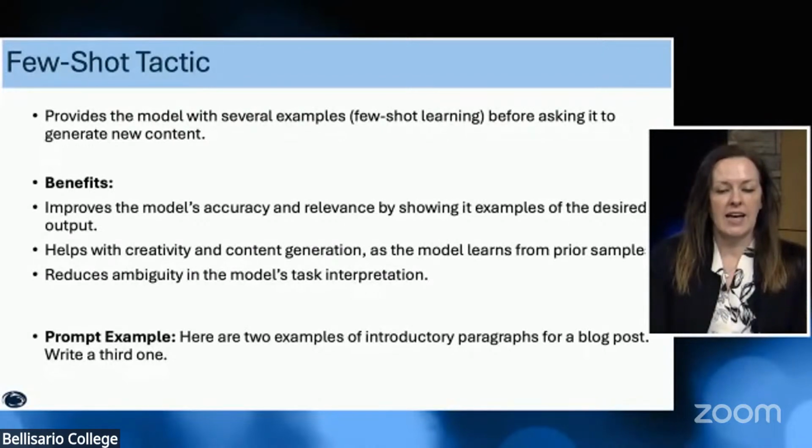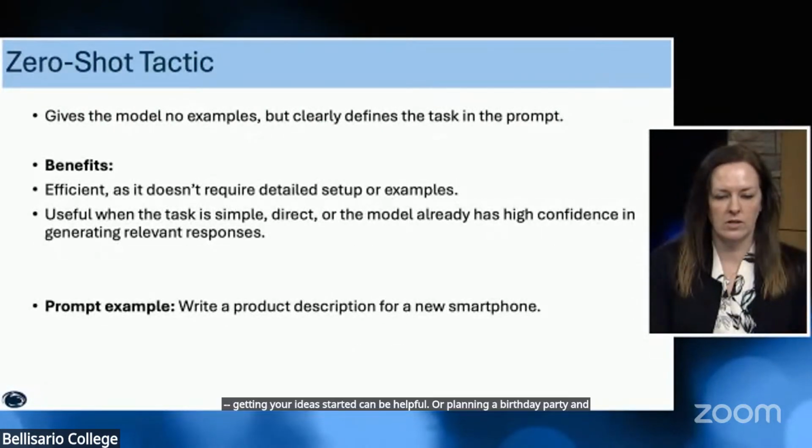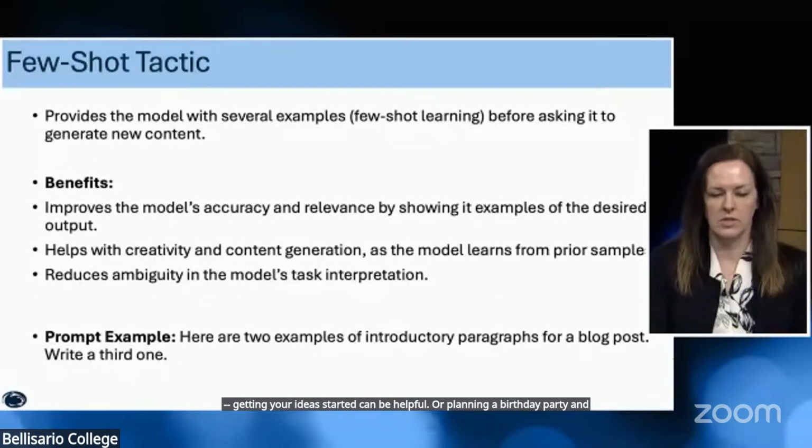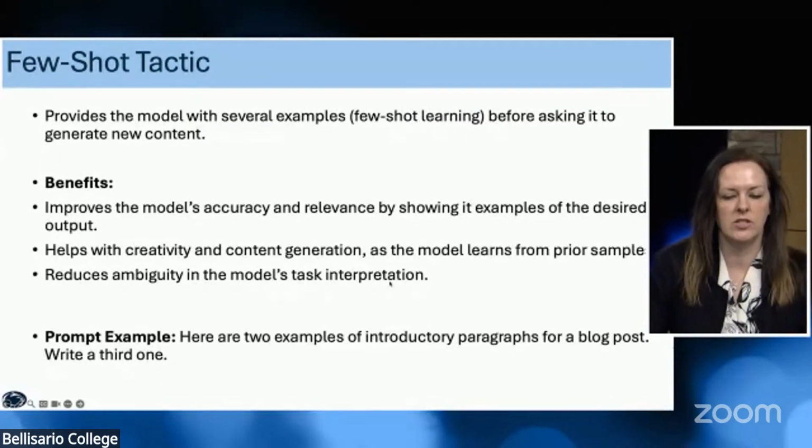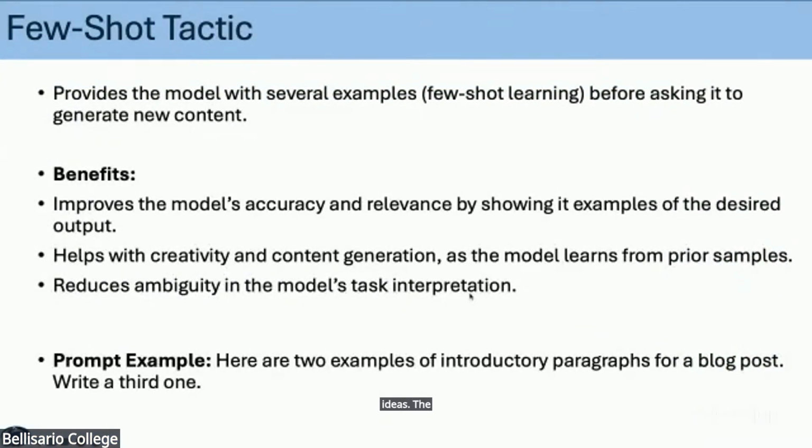The few-shot tactic is the next one that I'm going to discuss with you. And this one is just slightly different. This can be really helpful, and I'll explain why in a minute. We're providing the model with several examples. This is derived almost directly from cognitive load theory.